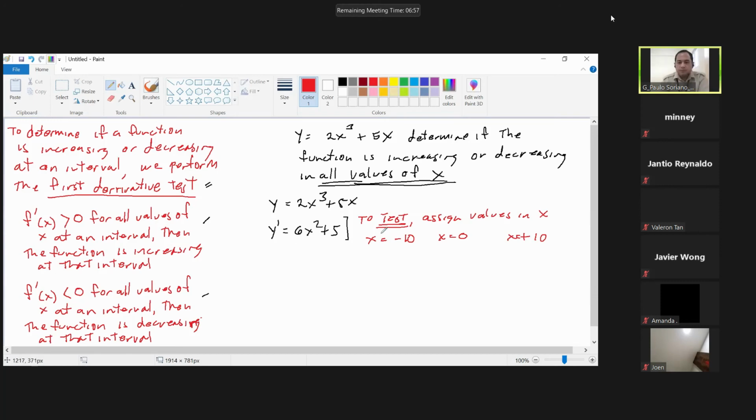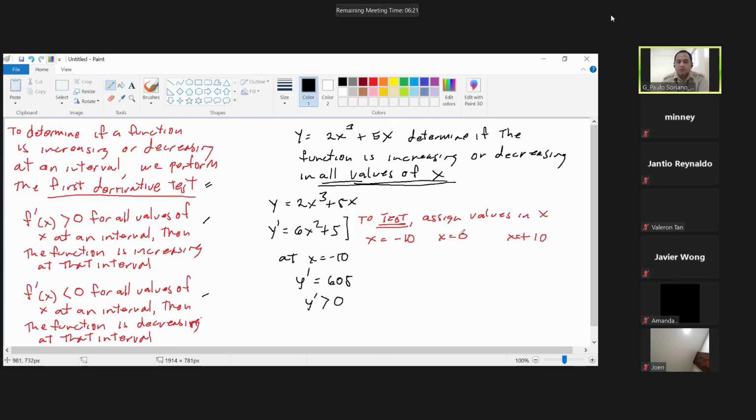Okay, so evaluate when x is negative 10. What is the value of y prime? Is it positive or negative? Positive 605. At negative 10, y prime, or the gradient, is positive. Okay, y prime is 605, which is greater than 0.